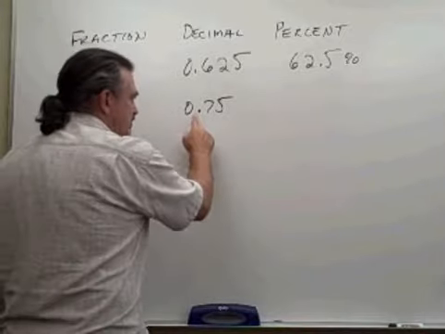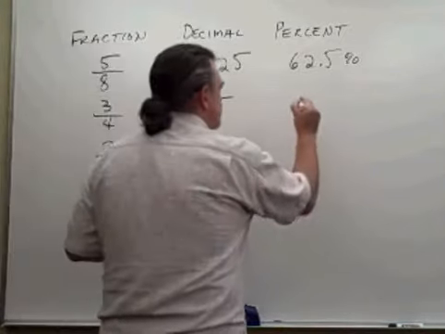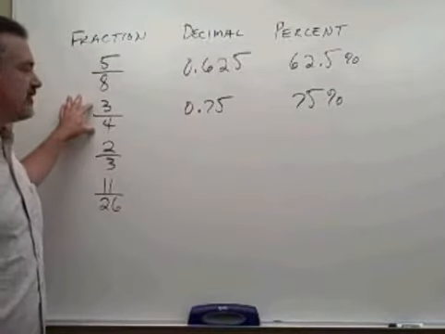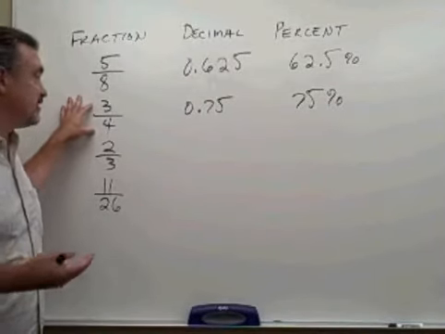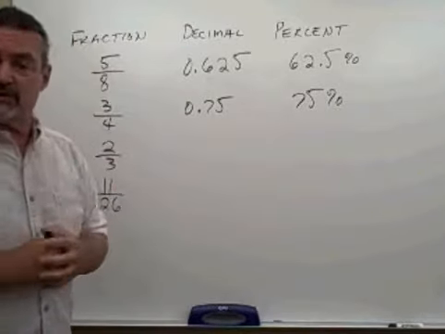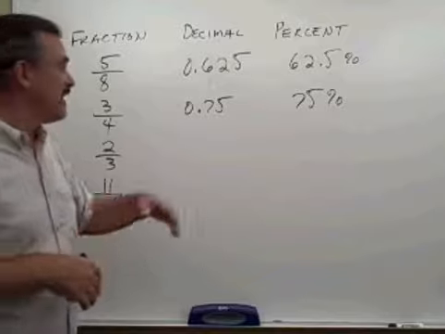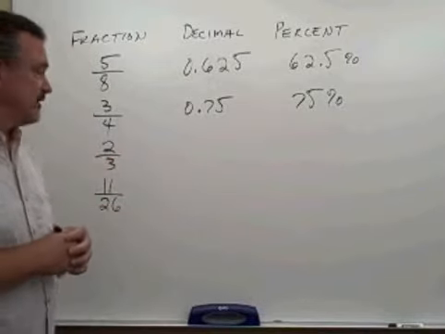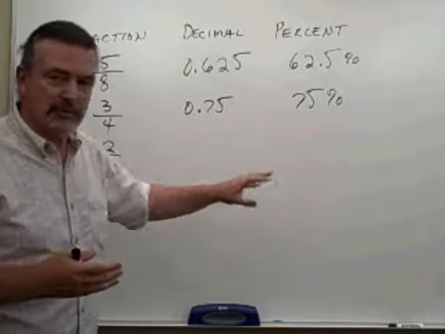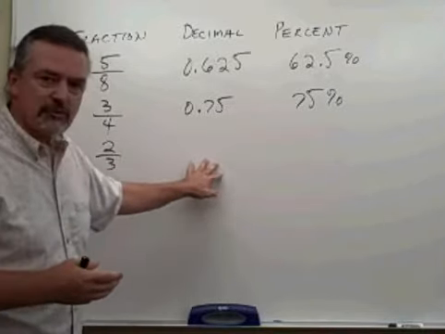Converting that to a percent, we move the decimal point 2 places to the right, add the percent sign. So if you said 3/4 of the students at Southern State are women, then you'd be saying 75% of the students at Southern State are women. They're expressing equivalent quantities.